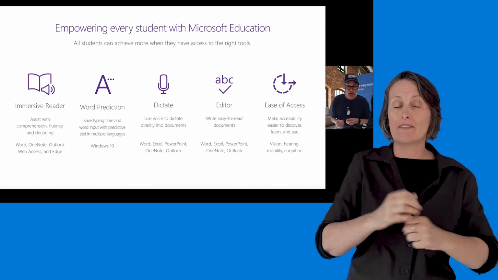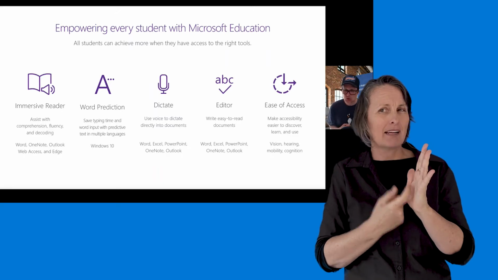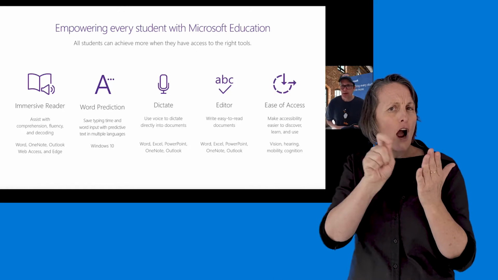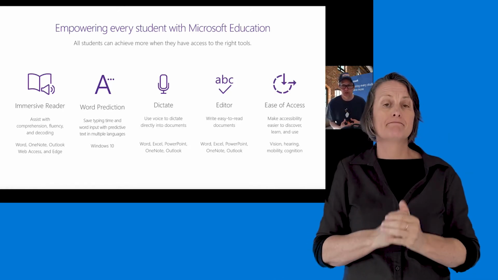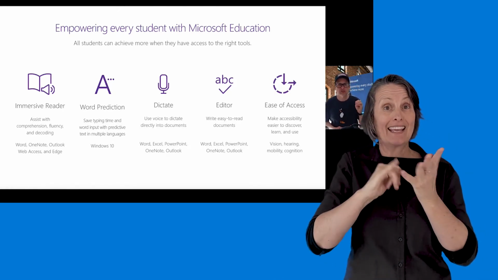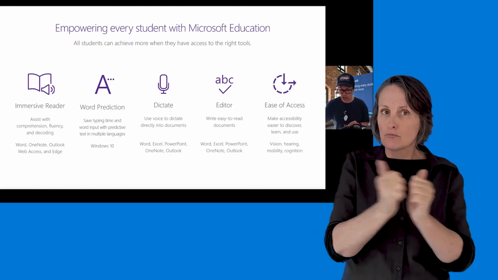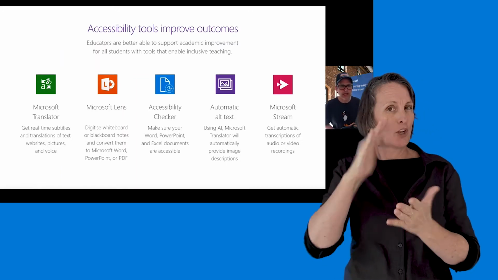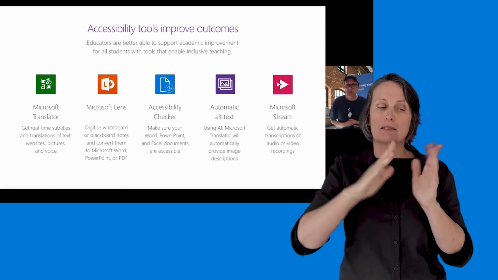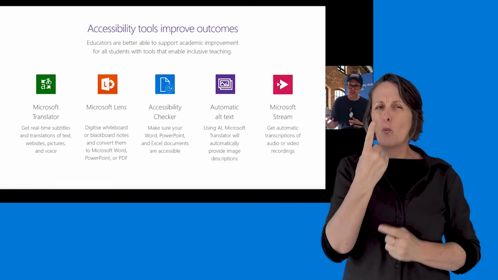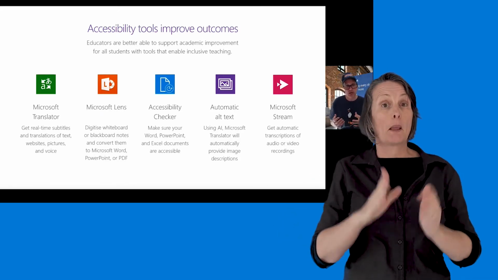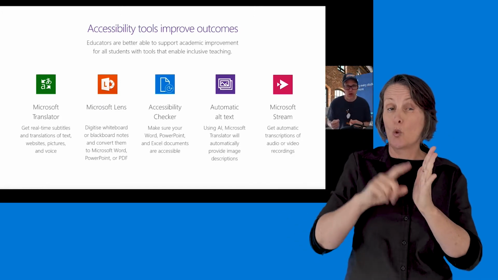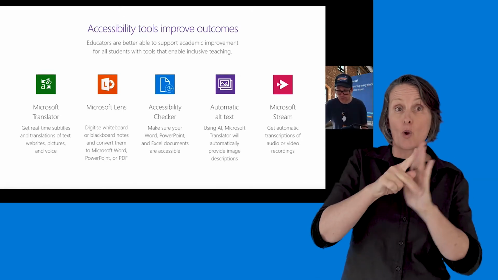We looked at Editor, which worked almost like a tutor to help us, whether we're doing casual writing, formal writing, etc. And then we also looked very briefly today at Ease of Access to help make your Office documents more accessible to your audience. A couple of other tools that we looked at were Translator and Microsoft Lens. And one thing that we didn't really delve into too much is that Microsoft Stream, our video housing tool, will actually create transcripts for your audio and video, and as will Teams now as well.